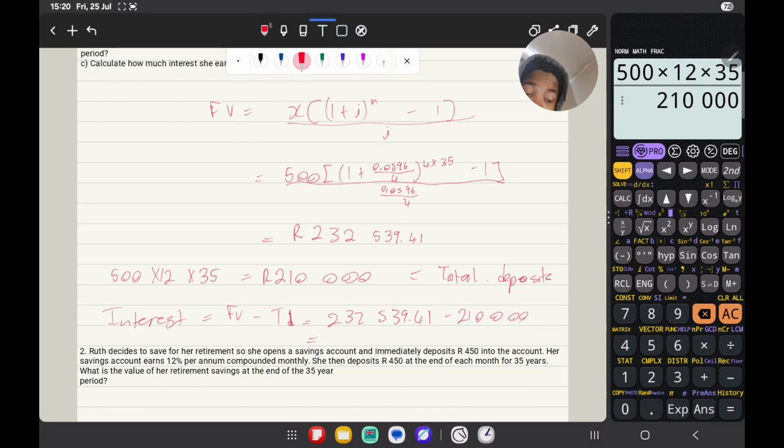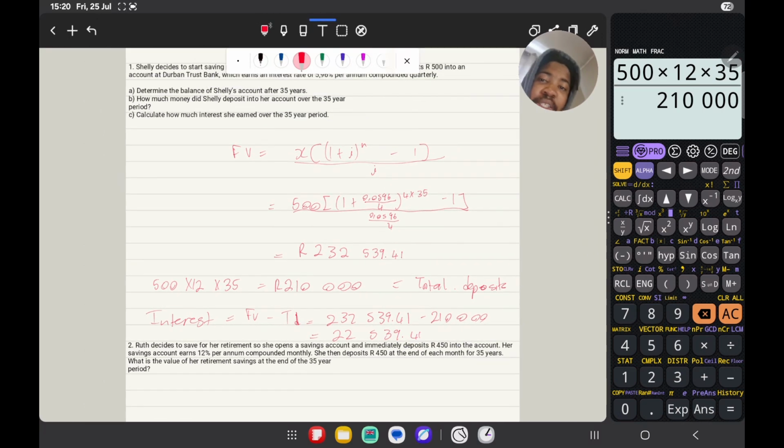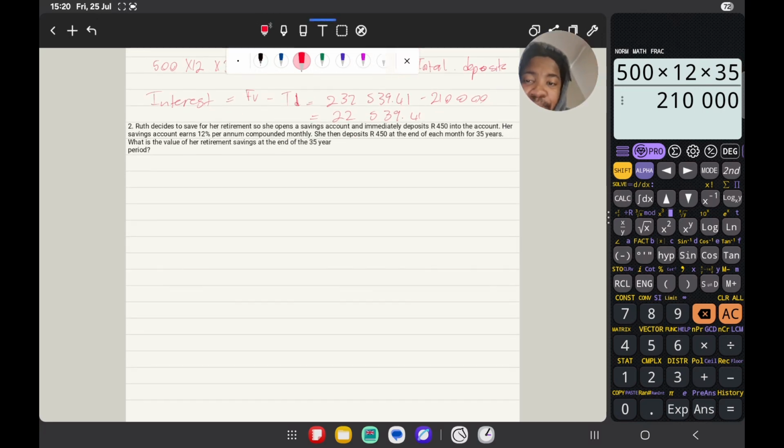And you get the value 2,253,941. So that's how much interest she has gained over the 35 year period, yeah?